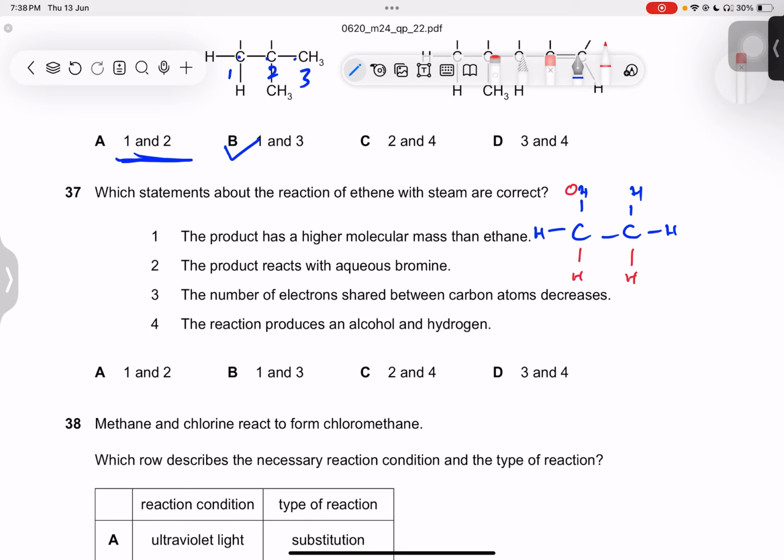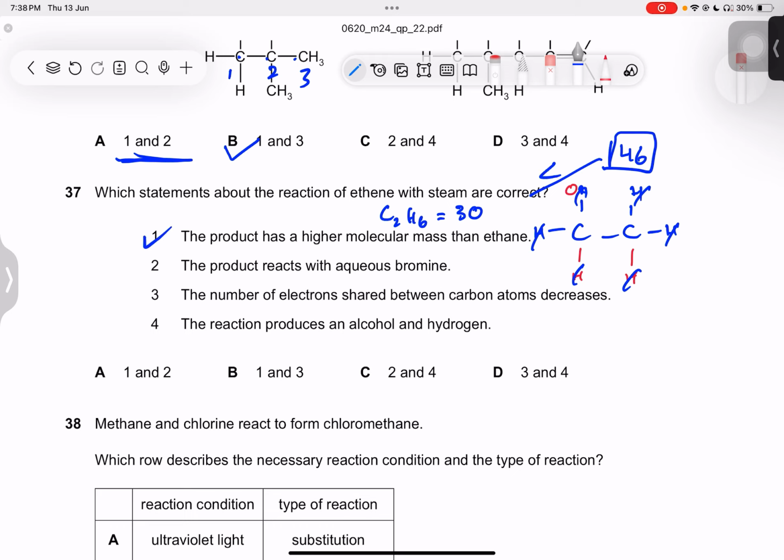So the mass will be 12 plus 12 for 2 carbons, 24, plus 6 hydrogens, 30, and 16. So 46 for ethanol, and ethane has C2H6 formula, which will be 30, the mass. So this is greater.